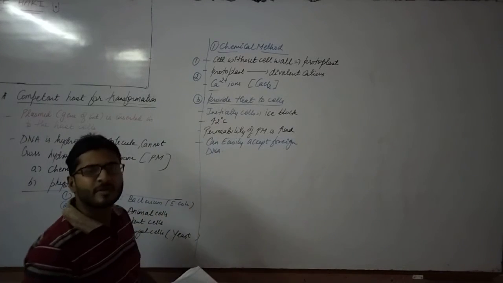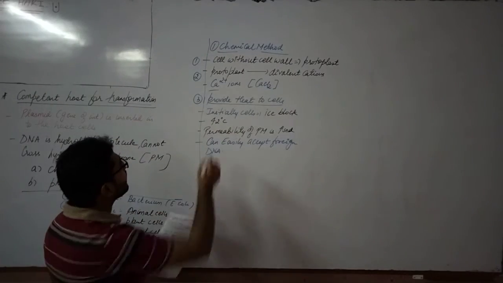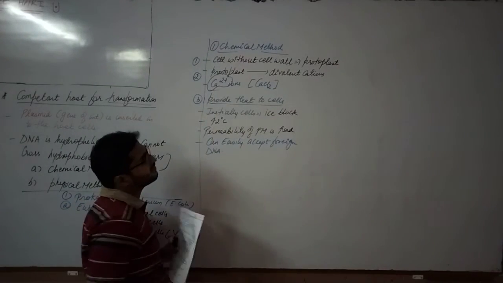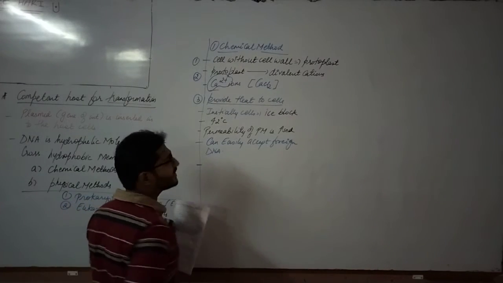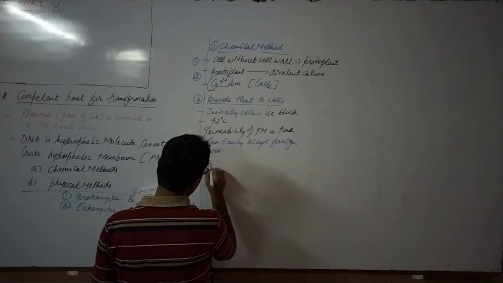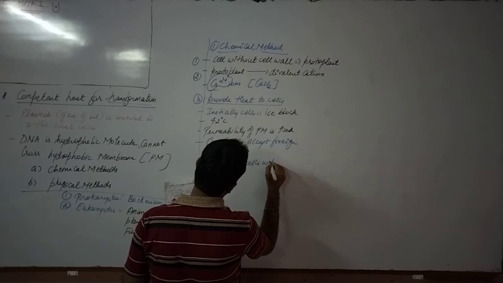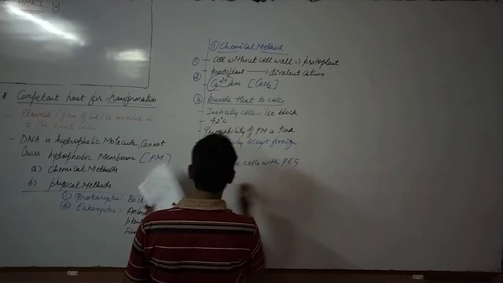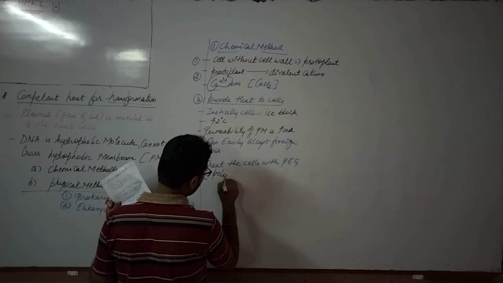In that way, the permeability of plasma membrane will be altered because the major factor for permeability is Ca+2 ions. Other than that, you can also treat the cells with PEG, polyethylene glycol.